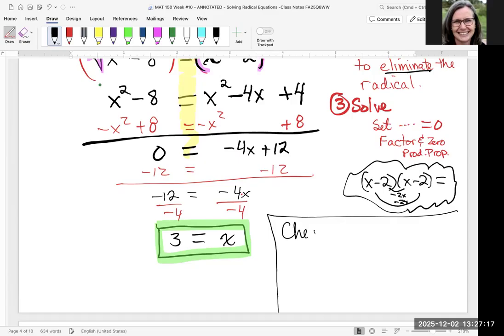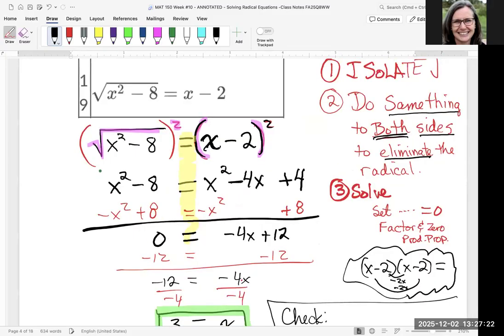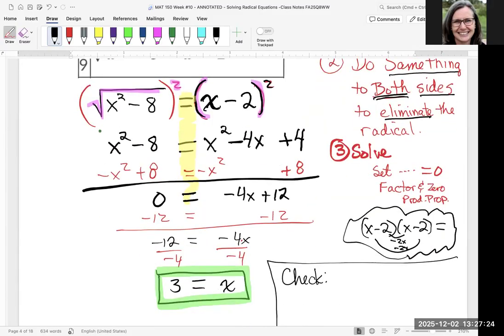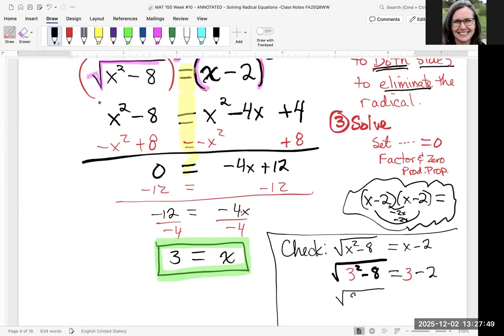I'm going to do a quick check. My original equation was the square root of x squared minus 8 is the same thing as x minus 2. So if I now have a 3 in both of those places, then it would be the square root of 3 squared minus 8 is the same thing as 3 minus 2. 3 squared, 3 times 3 is 9. 9 minus 8 is 1.